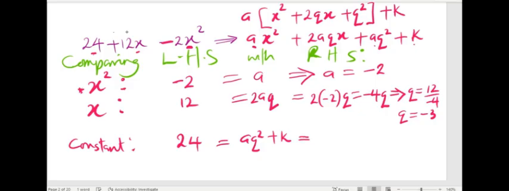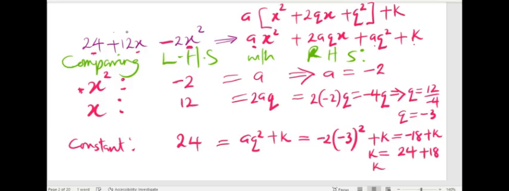We already have a and q. a is minus 2, q is minus 3, all squared, then plus k, which gives us 9 times minus 2, which is minus 18, plus k. So 24 is equal to minus 18 plus k. That gives us k equal to 24 plus 18, which is 42.